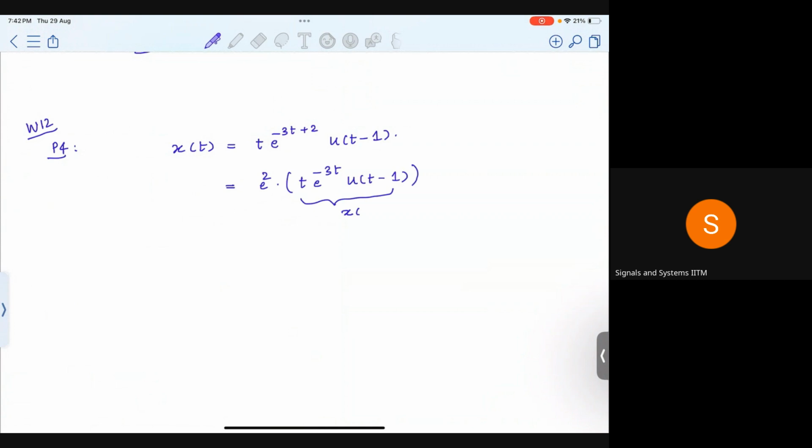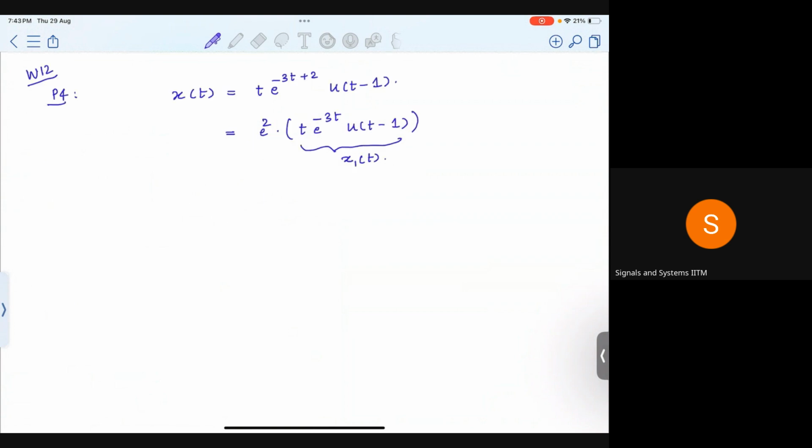Let me call this x1 of t. So we know e power minus 3t u of t has a Laplace transform. What is e power minus 3t minus 1 u of t minus 1?